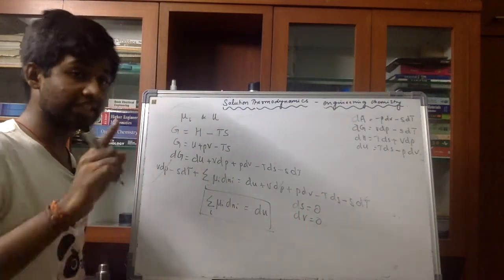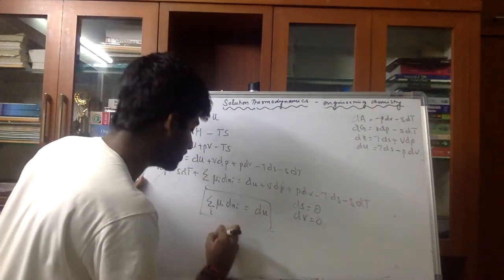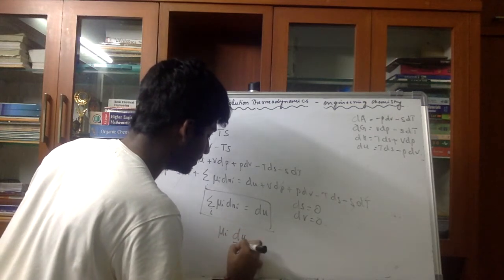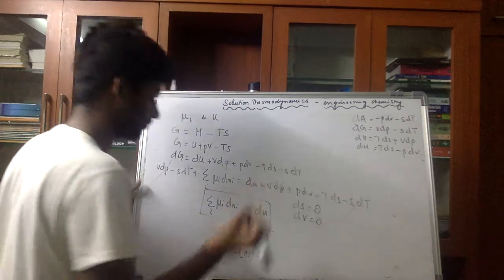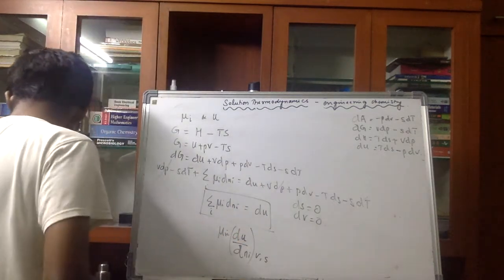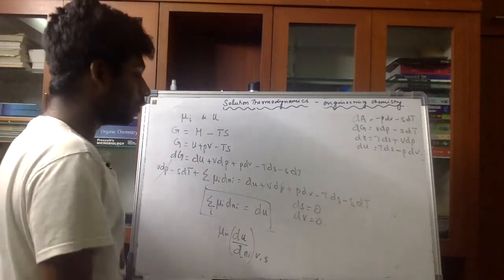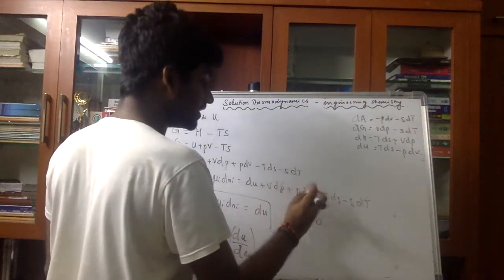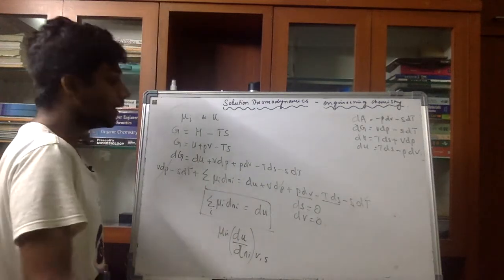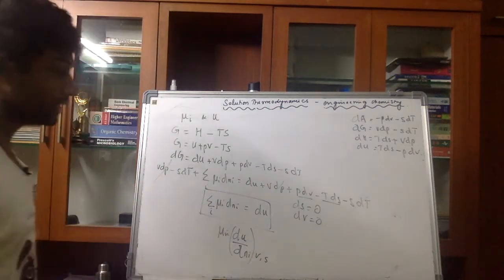So under constant entropy and volume conditions, I can write mu_i as dU by dn_i. So am I clear? Yes, I hope I'm clear. So now these two factors, PdV and TdS, must be 0, so dS and dV must be 0 and not S and V. When you make them 0, you can get your relation sigma mu_i dn_i is equal to dU.